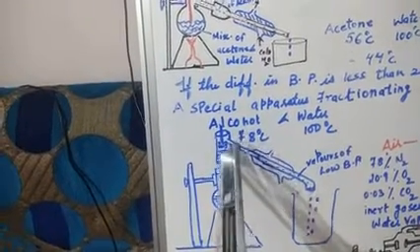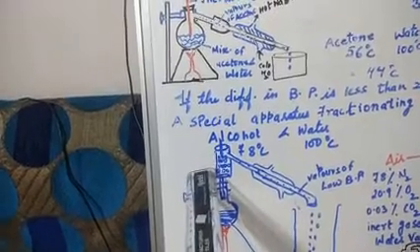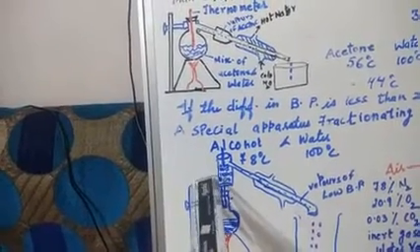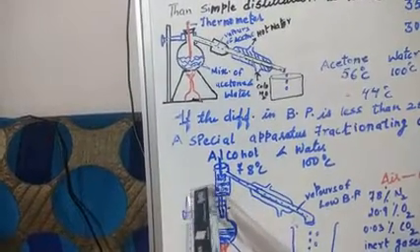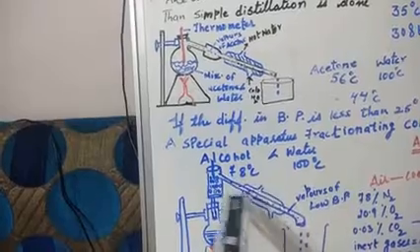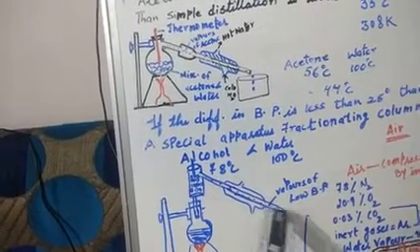But as they strike the glass beads in the fractionating column, those water molecules lose their energy to the beads, and ultimately that energy is taken by alcohol molecules, and alcohol evaporates and forms vapors.